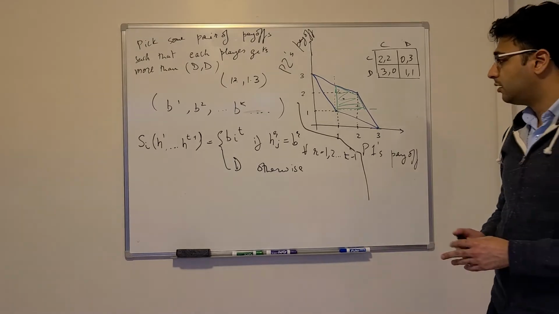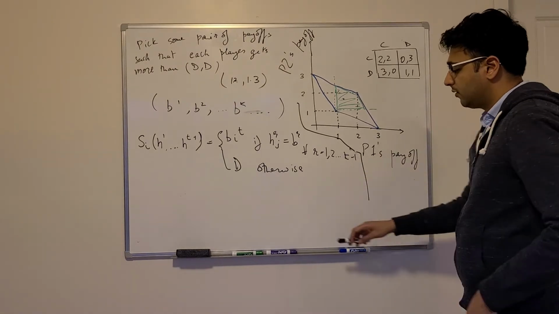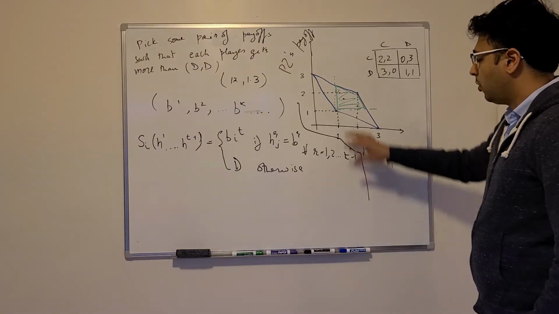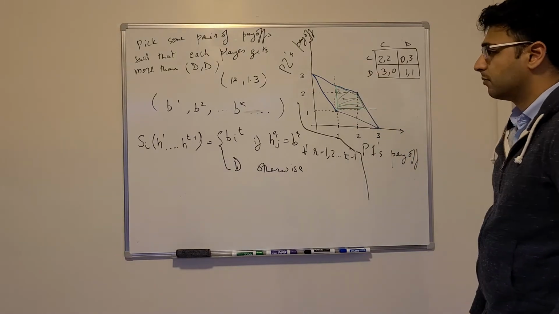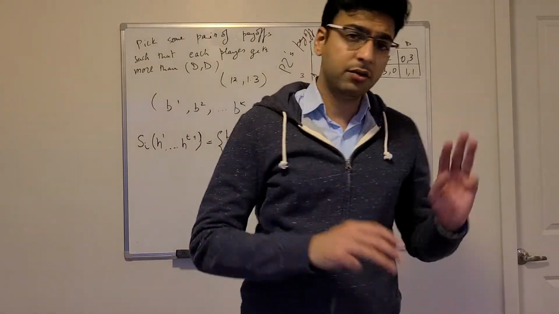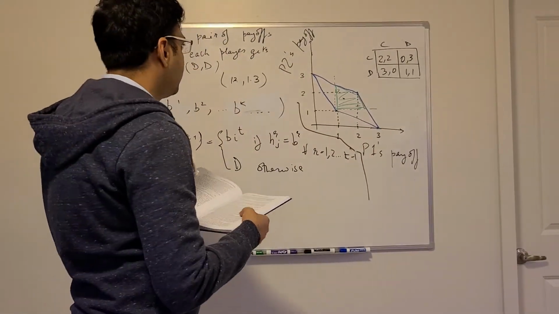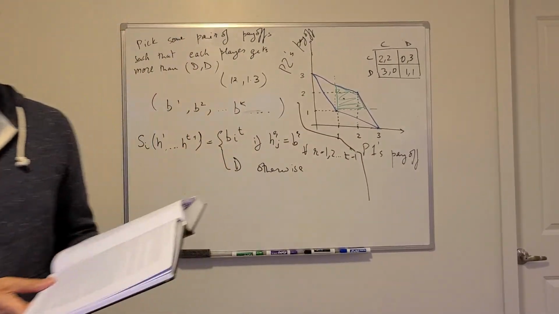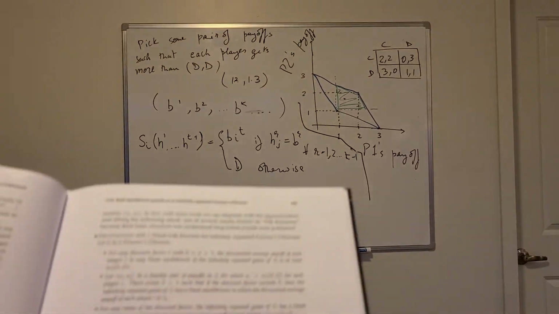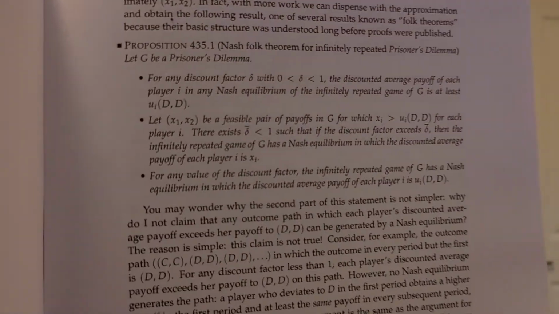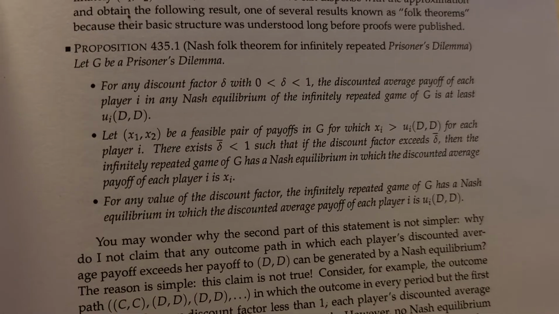So then, once we establish this, what we've shown is a folk theorem. We've shown precisely three things, and I would write it on the board, but it's better if I just show you in the book. So this is proposition 435.1.